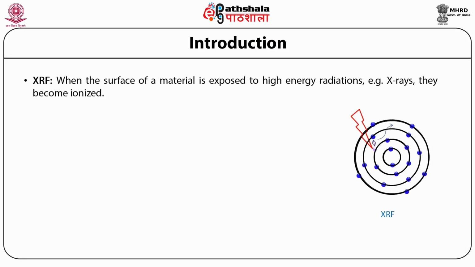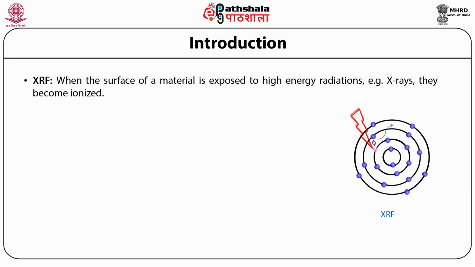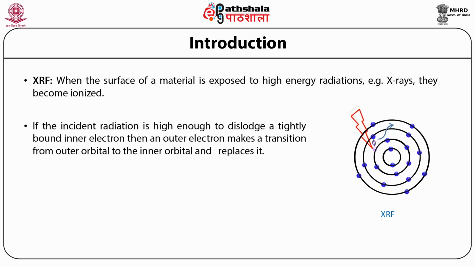X-ray fluorescence spectroscopy. When the surface of a material is exposed to high energy radiation such as X-rays, it becomes ionized. If the incident radiation is high enough to dislodge a tightly bound inner electron, then an outer electron makes a transition from an outer orbital to the inner orbital and replaces it.